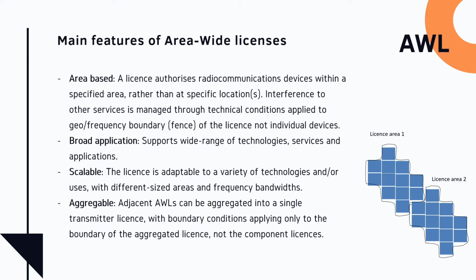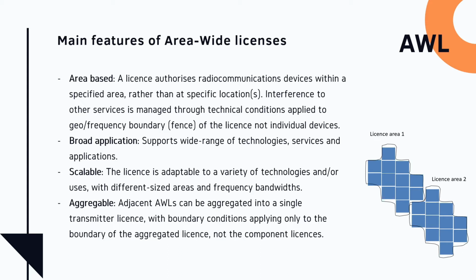Because of this area concept, it is possible to take a neutral technology approach. Same license methodology can be applied to multiple technologies. The license area can be small or can be large, or can start small. You can have a couple of devices with a small boundary and later on grow over time, to expand.